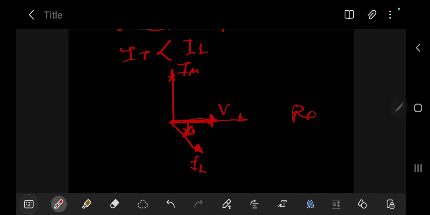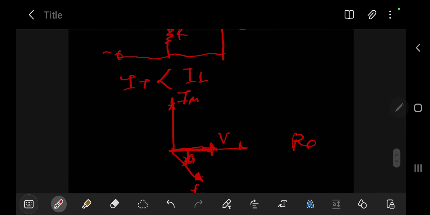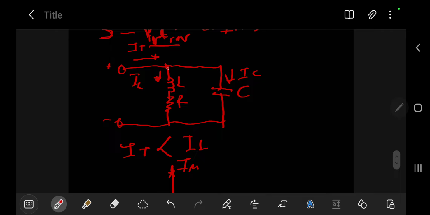So we said we can try to connect a capacitor in parallel, and then we are going to notice that actually we're going to reduce the current and not increase it. But how that works is because the current of the capacitor is going to be at a different phase as compared to the current of the inductor.